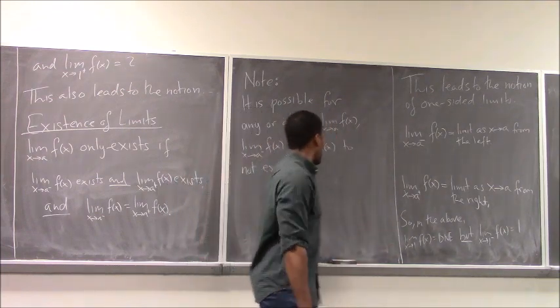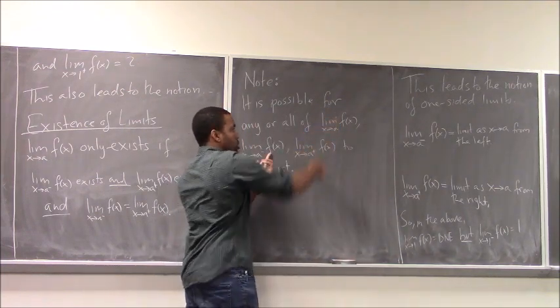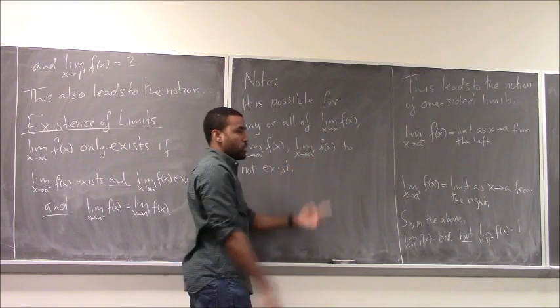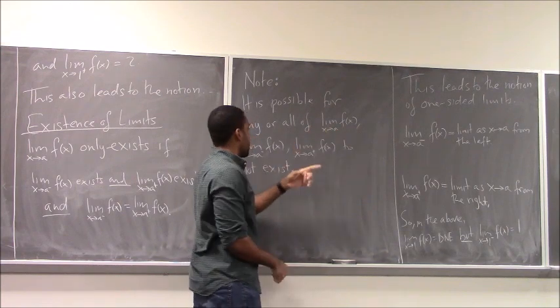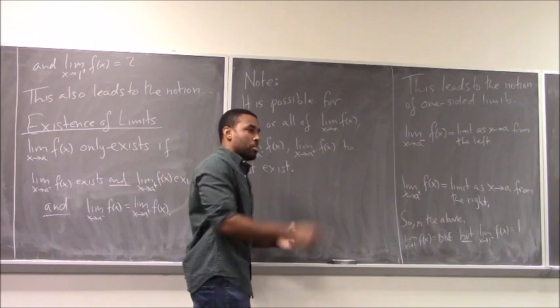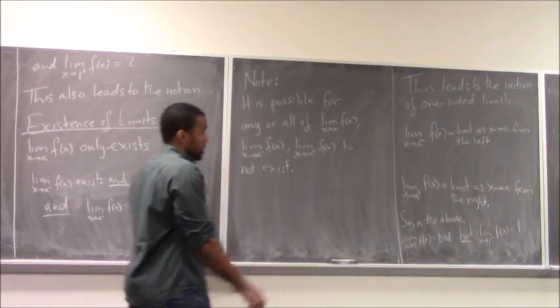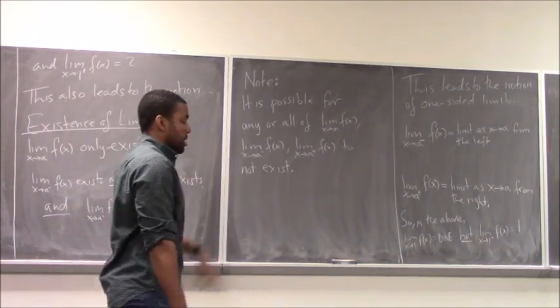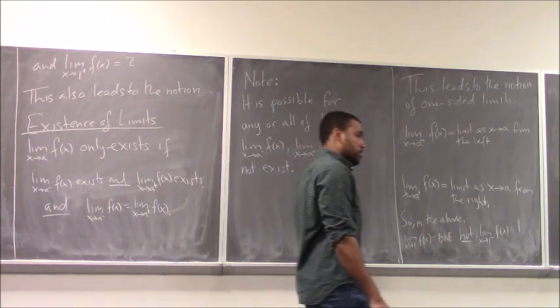There are examples where this can give an answer but the other two don't, or this can give an answer but the other two don't, or this will never give an answer and the other two don't. But you can a lot of times mix and match it. We'll talk about some examples of that next time.